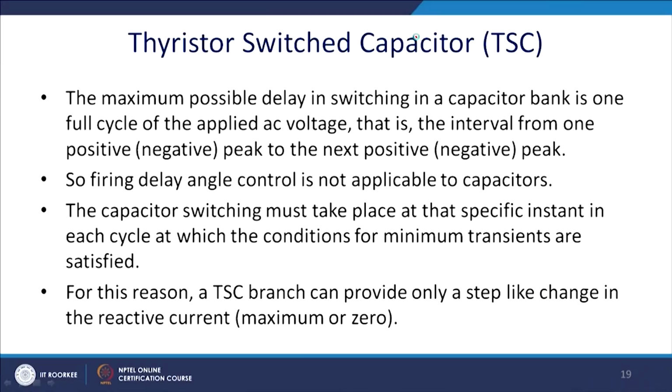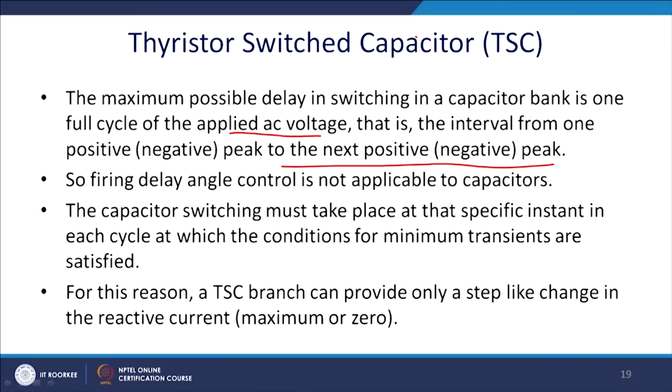The next takeaway: in a thyristor switched capacitor, the maximum possible delay in switching in the capacitor bank is one full cycle of the applied AC voltage. That is the interval from one positive peak to the next negative peak. In case of a 50 Hz cycle, it should be around 10 milliseconds.